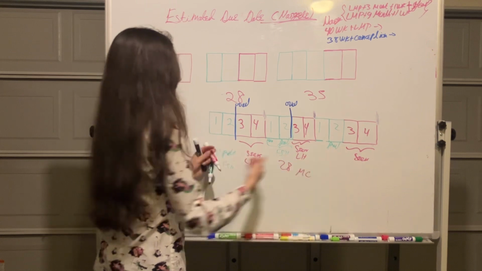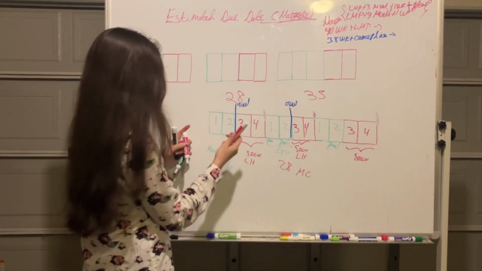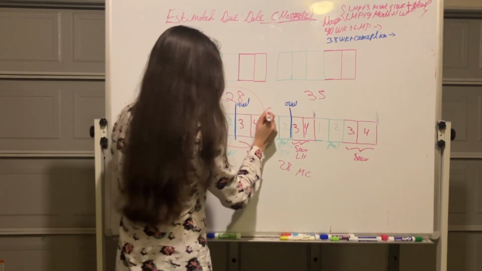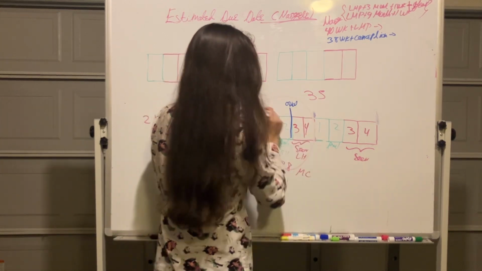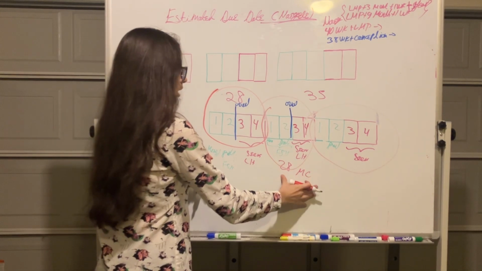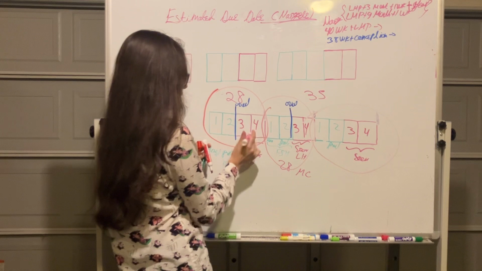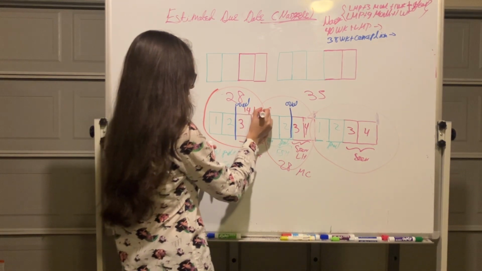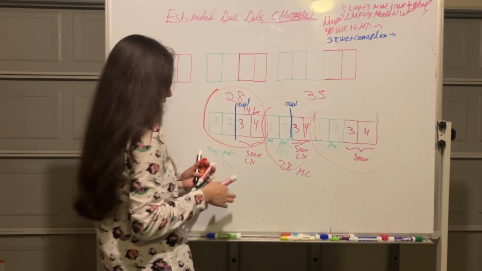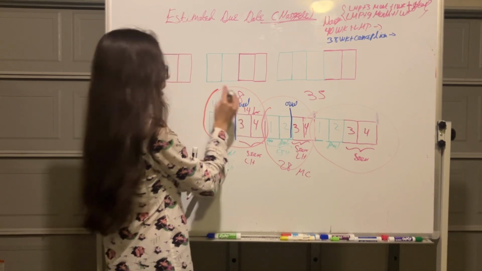This is a 28-day cycle, so all this is a cycle, all this is a cycle, and all this is a cycle, each one of 28 days. So the secretory phase, which is the LH phase, is 14 days long, and the FSH phase or the proliferative phase is 14 days long.